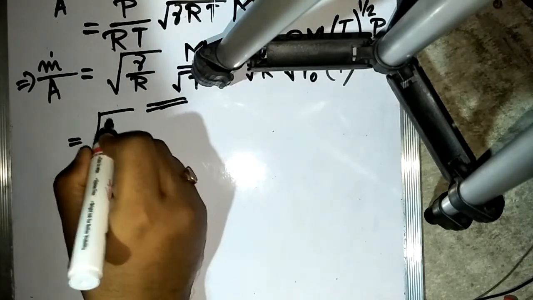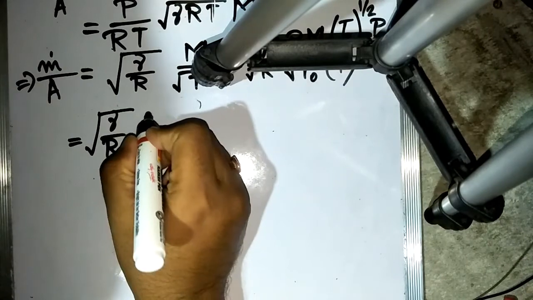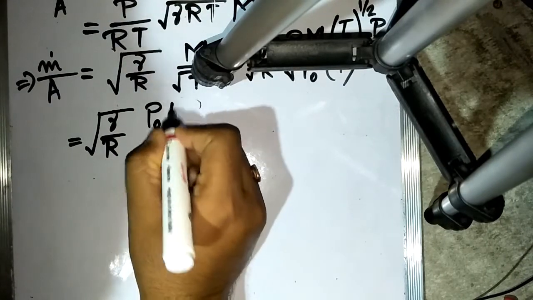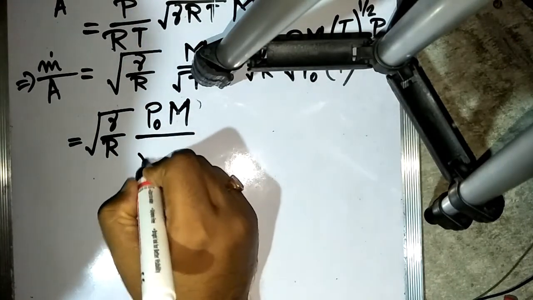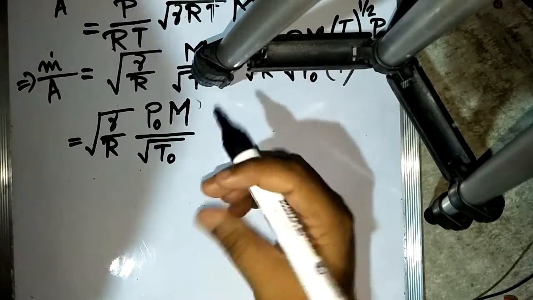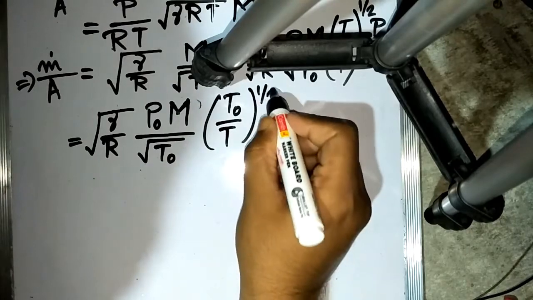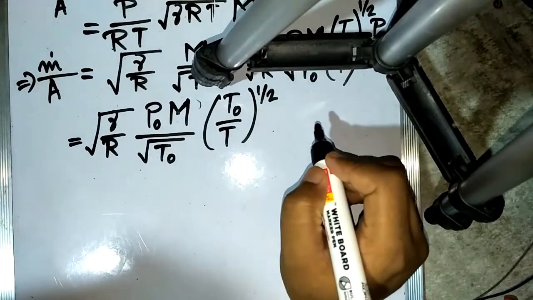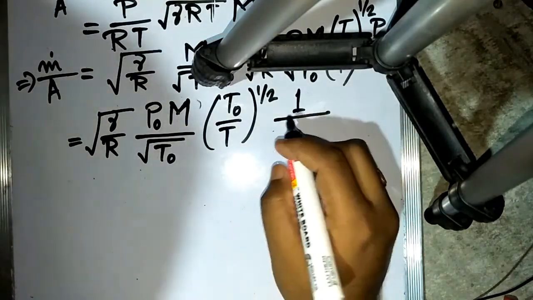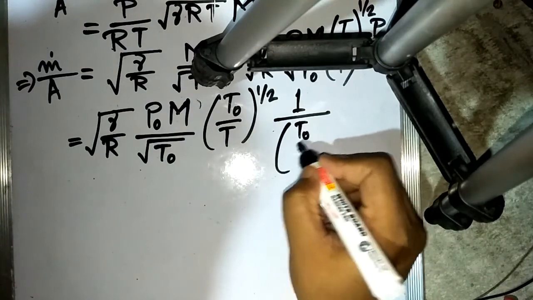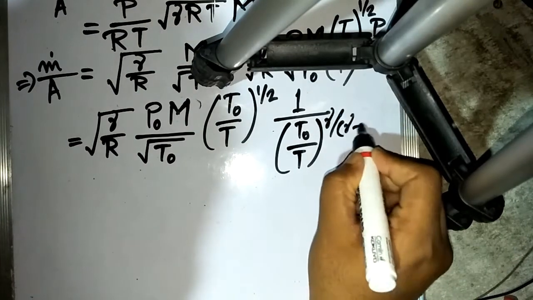So we get root over gamma by R into P0 into M by root over T0, into T0 by T to the power half, and the value of P by P0 in terms of temperature we can write as 1 by T0 by T to the power gamma by gamma minus 1.